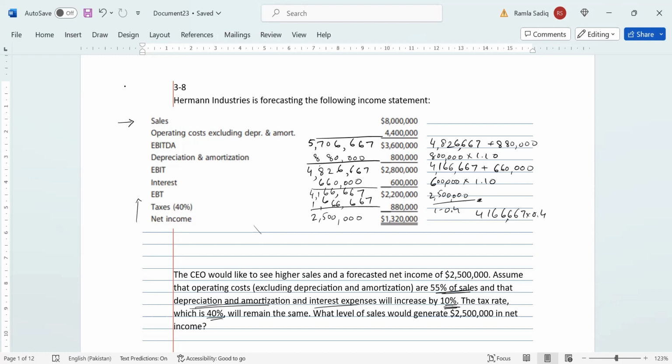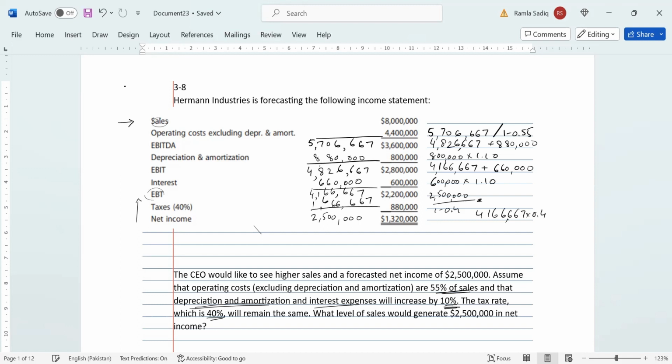Now, to calculate sales, we've been told that operating costs are 55% of sales. So to reverse calculate, we take our EBITDA, 5,706,667, and divide that by 1 minus 0.55. This is the same logic that we applied right over here to calculate our EBT.